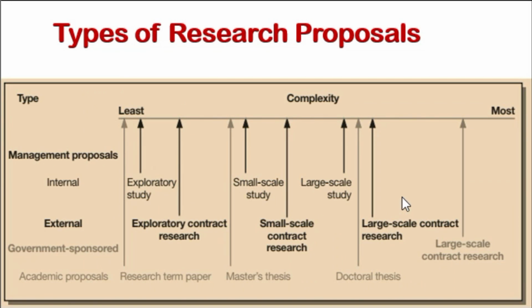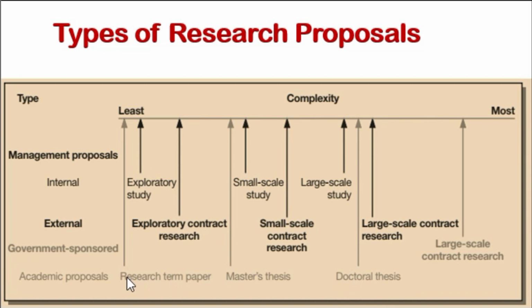So, we can define the types of research proposal by multiple classification. For example, if you look at the figure, we can have internal and external management proposals, and in the external we can even have government sponsored, then we can have academic proposals, and in academic proposal we can have a research term paper, something that an undergraduate student would do, and then we have a master's thesis, then we have a doctoral thesis.